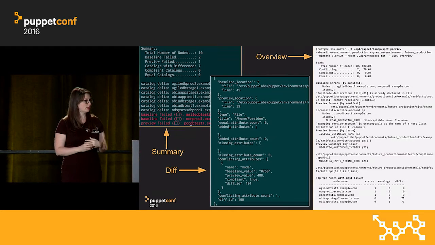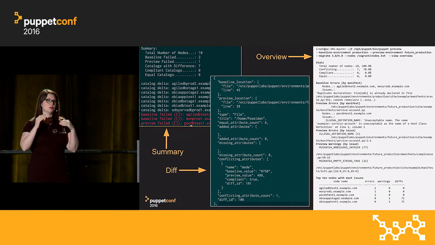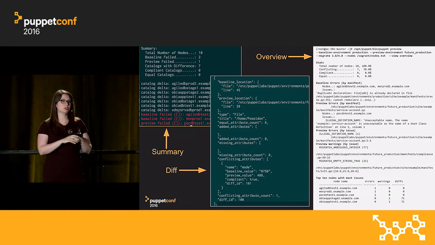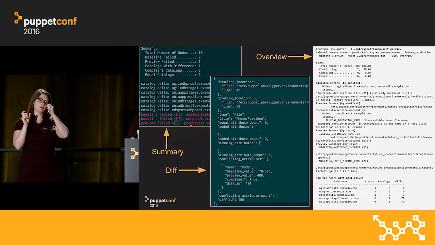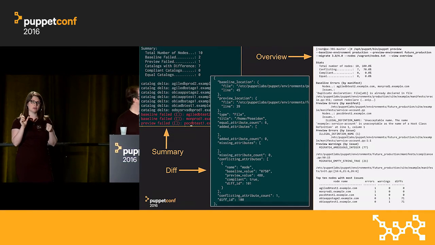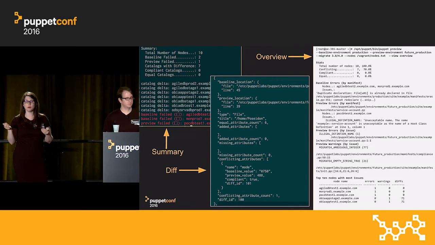So let's go to the next slide. And here's a couple different options. There's a summary output, which just shows you a tally of the number of nodes we ran this against and the number of failed changes, just a general overview. The diff view shows you some differences that we noticed, and it points to the line number in the manifest that defined that particular resource, like Puppet reports do already.